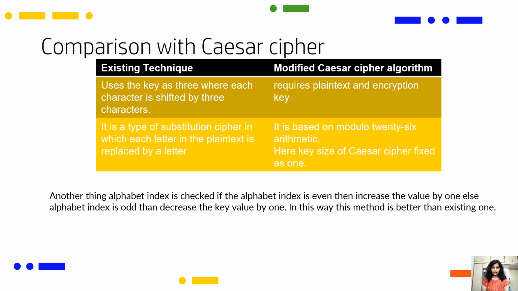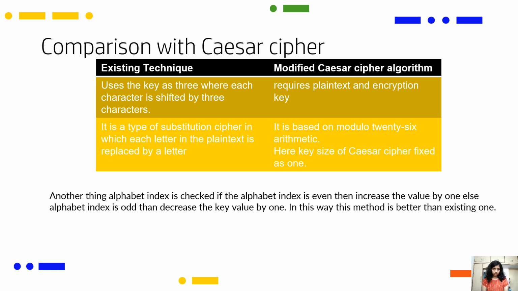We are comparing the existing Caesar cipher technique and the modified algorithm. The existing technique uses the key as 3, where each character is shifted by 3 characters, and it is a type of substitution cipher in which each letter in the plaintext is replaced by a letter.